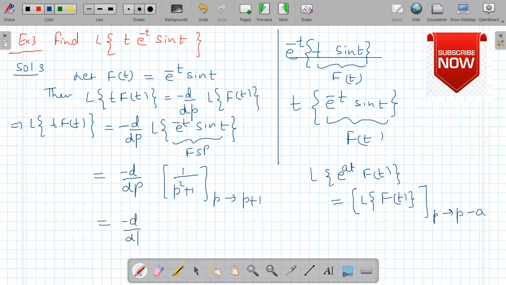So we get d over dp of 1 upon (p plus 1) whole square plus 1. So we have to differentiate this. इसको आपको डिफरेंशिएट करना है.